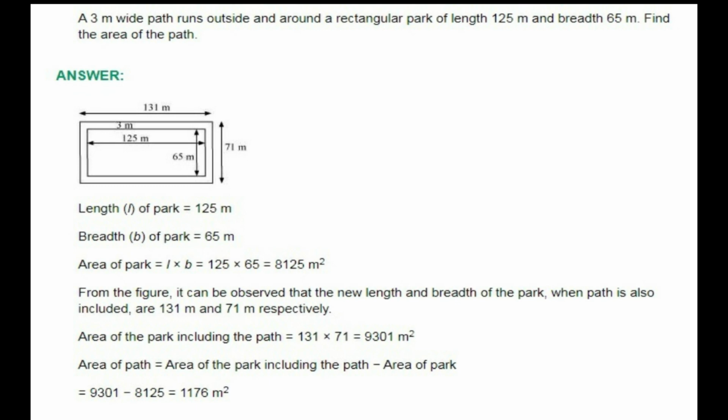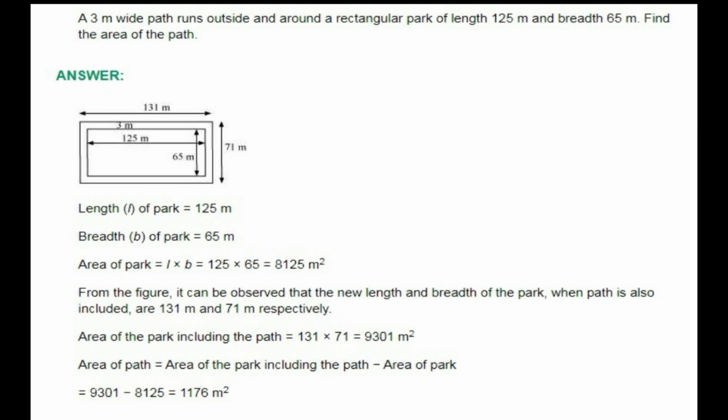How is the 131 meter coming? If we add 125 meter, that is the length of the smaller rectangle, with 6, why 6? There are two parts. You can see that in the left hand part the width is 3 meter and in the right hand part the width is 3 meter. So 3 plus 3 is 6.